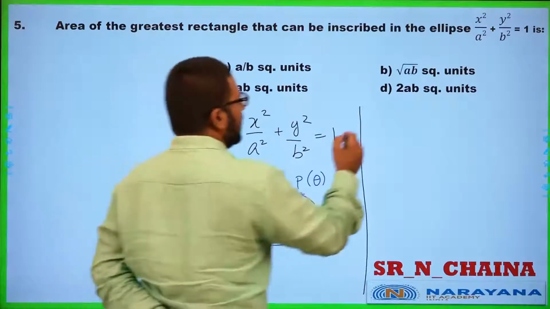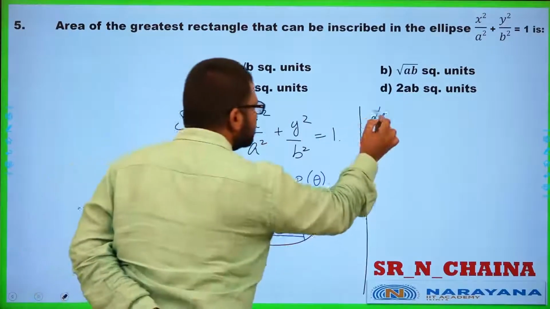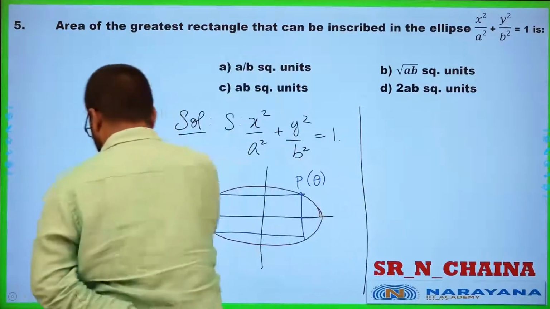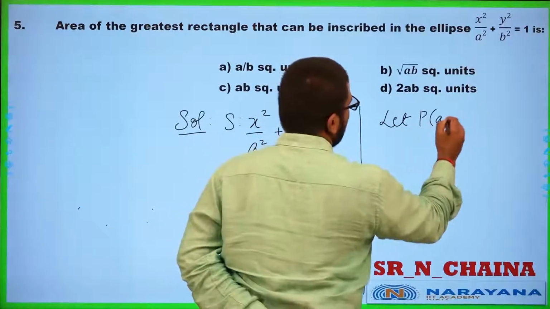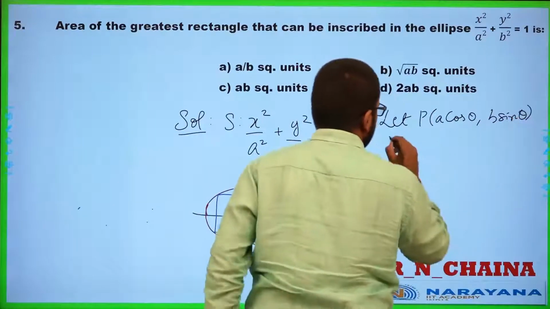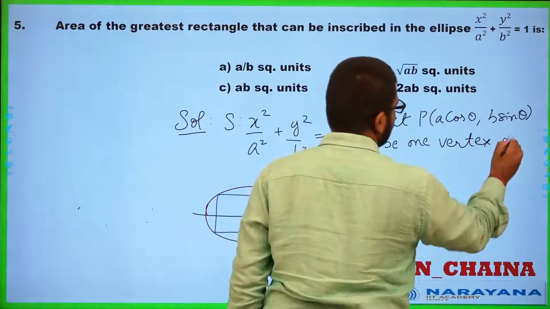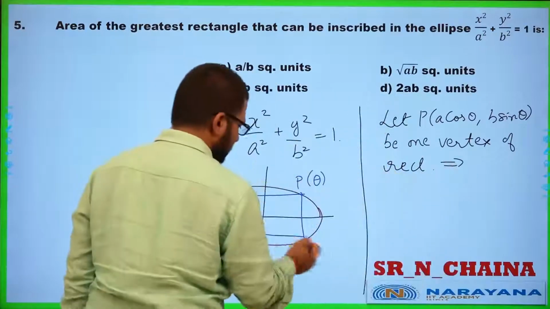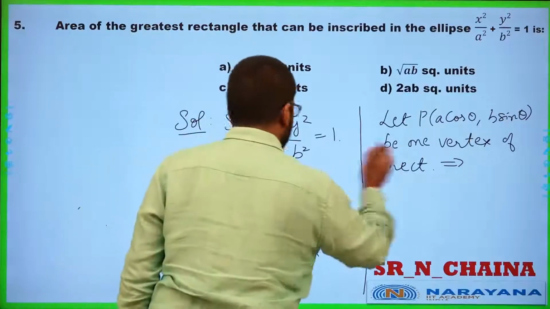So let P (a cos theta, b sin theta) be one vertex of the rectangle, which means let us label the other points, the rectangle PQRS.